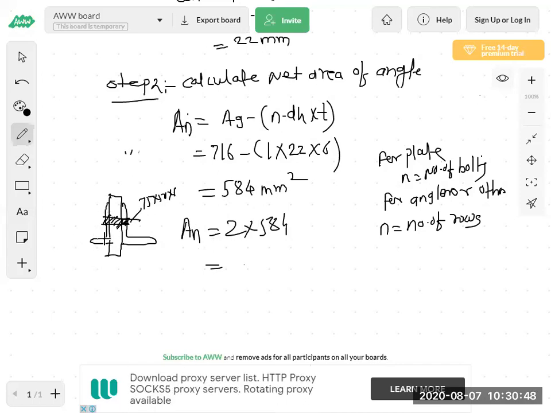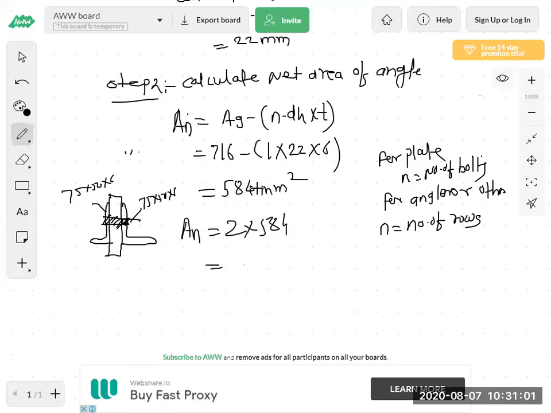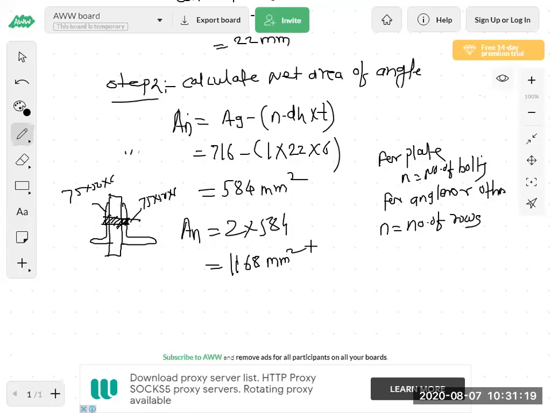Same angles are there. We always use the same angle, not different sizes of angles. So this is again 75 by 50 by 6, so we multiply by 2. 584 is the area of one angle, and one more angle is there. So 2 into 584, how much? 1168 mm square.